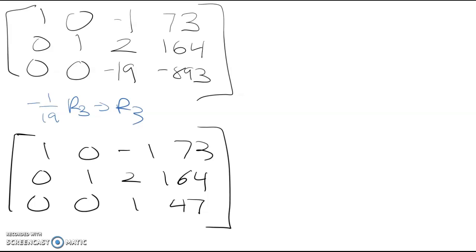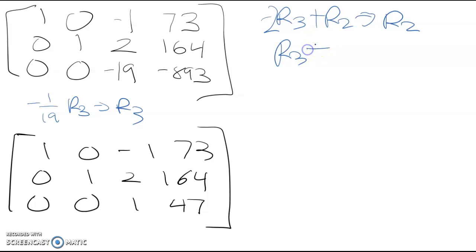Okay. And now on my very last step, or second to last, is I'm going to get rid of the other ones. So in order to get rid of the 2, I would need a -2 row 3, adding it to row 2. I would also need just a regular 1, so row 3 plus row 1 to replace row 1.